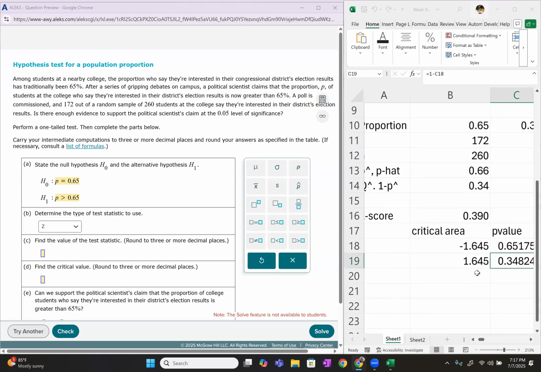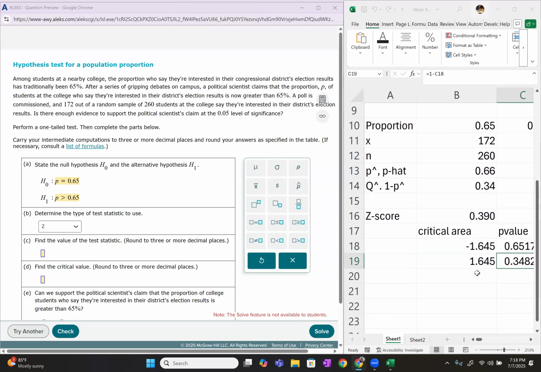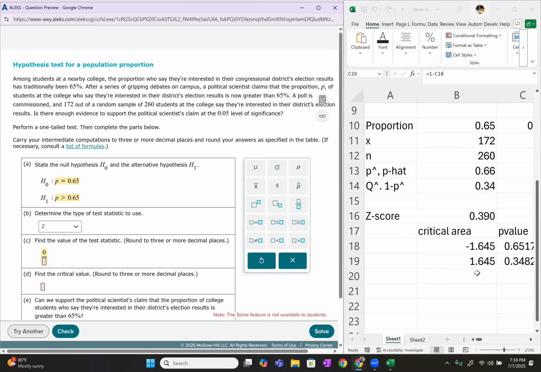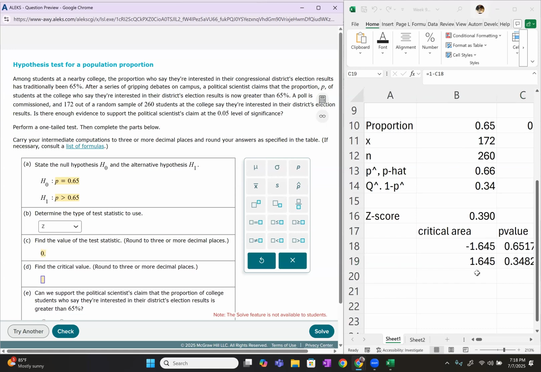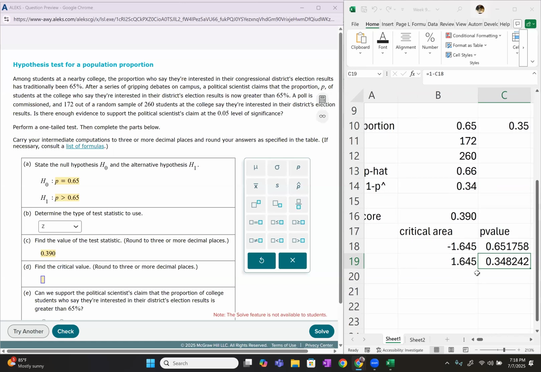Now, the z-score. What's the z-score? 0.390. Good. And what's the critical value? Negative 1.645. Or positive 1.645. Why is it going to be positive 1.645?